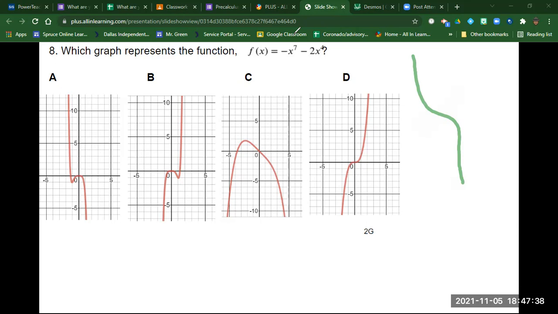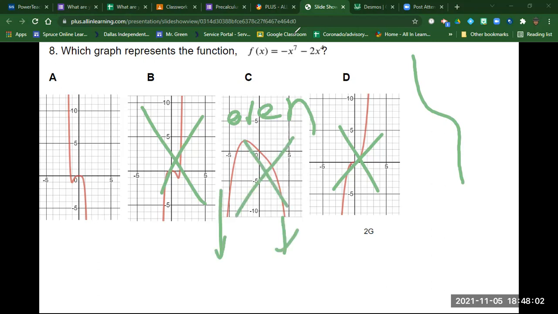So that means it's not this one, and that means it's not this one. Now, could it be this one, x to the power 7? No, because this is an even function. It's not even close. Both sides go down like that. That's an even function. So the only candidate we have is that one. Now let's double check to make sure.